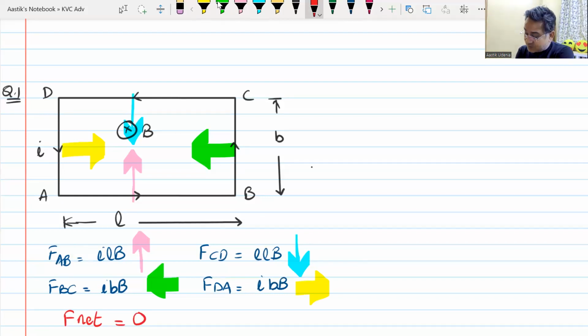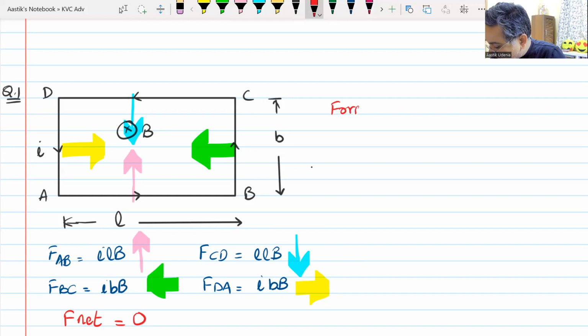Now this is a very important concept that we have understood: the force on a closed loop of wire which is placed in a uniform magnetic field is going to be 0. Do we understand this? Yes.